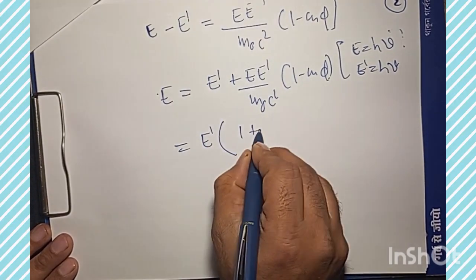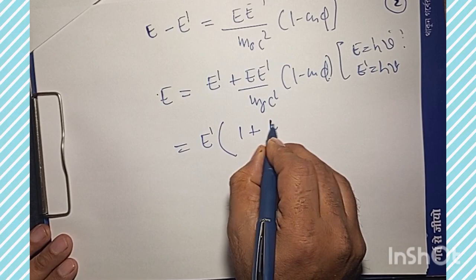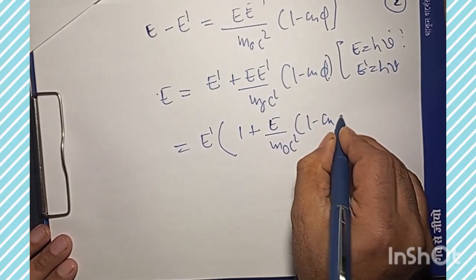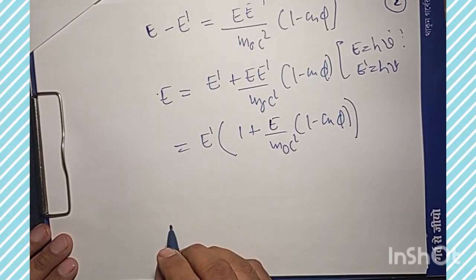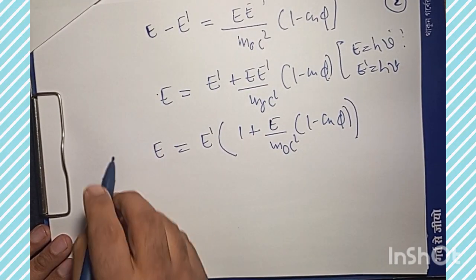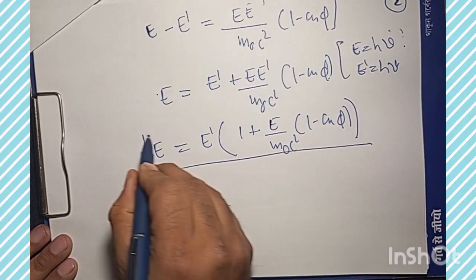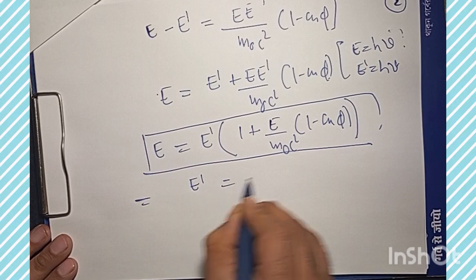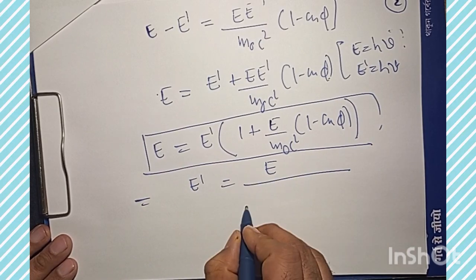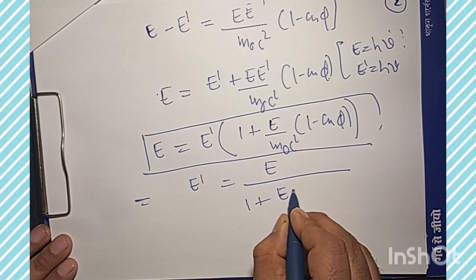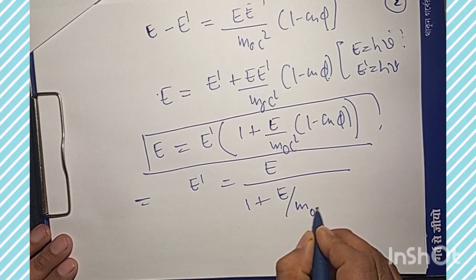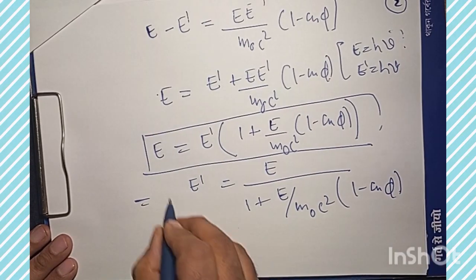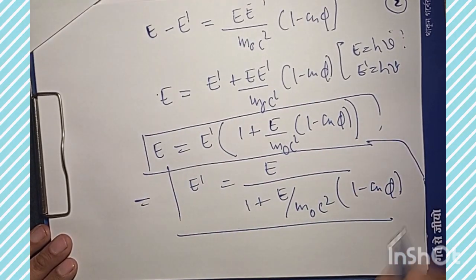So this is 1 plus E by m naught c squared times (1 minus cos phi), equal to E. But I want E dash, so E dash is E by 1 plus E by m naught c squared times (1 minus cos phi).